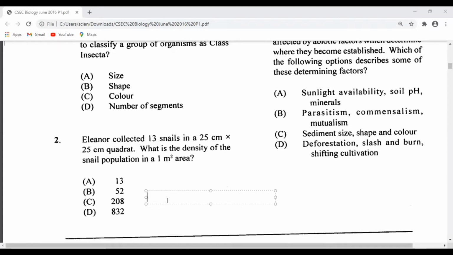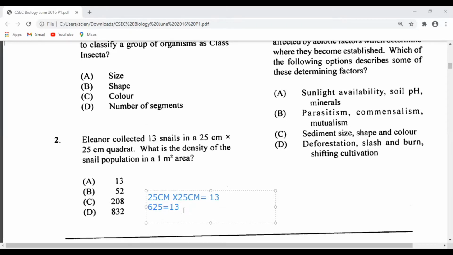So the first thing is that 25 cm times 25 cm is equal to 625 cm, which is equal to 13, because in the 25 cm times 25 cm we collected 13 snails.